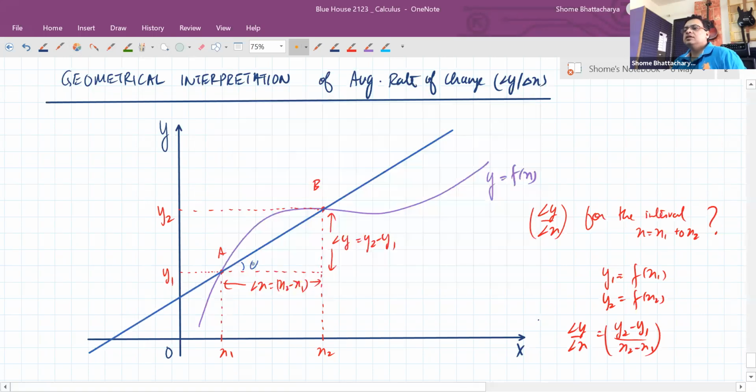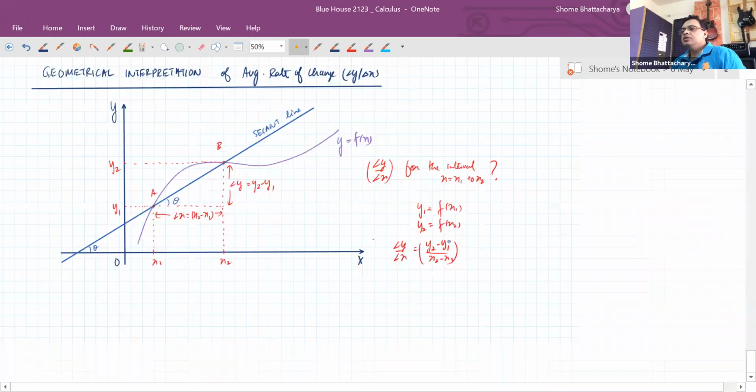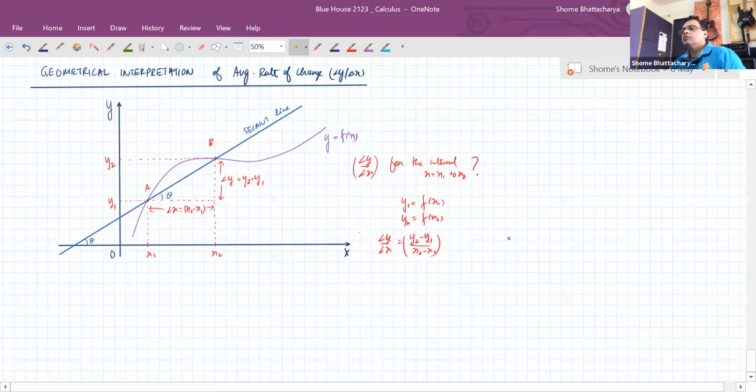So this angle is theta. This angle is also theta. Such a straight line, which joins two distinct points on the graph, in this case A and B, is called a secant line. So the interpretation is that it becomes the slope of the secant line, tan theta.